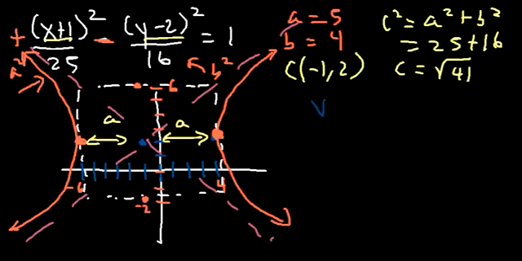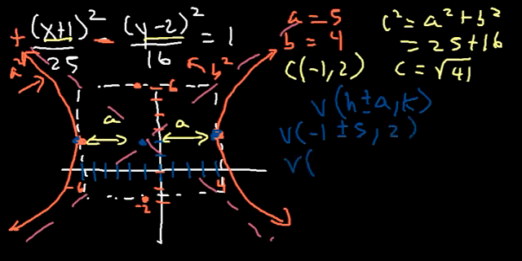So the vertices, which are these 2 points, but let me write the general equation. It's h plus or minus a, comma k. So h is the x coordinate of the center, and a is 5, and k is 2.